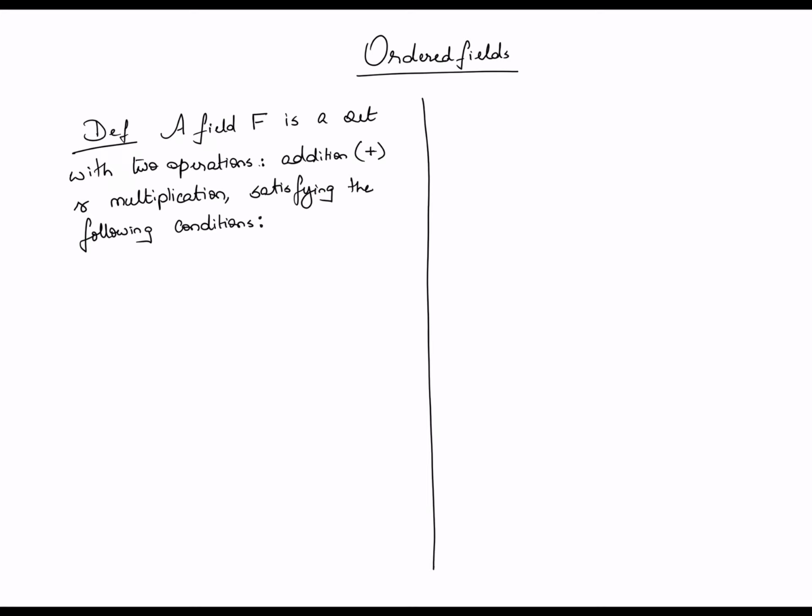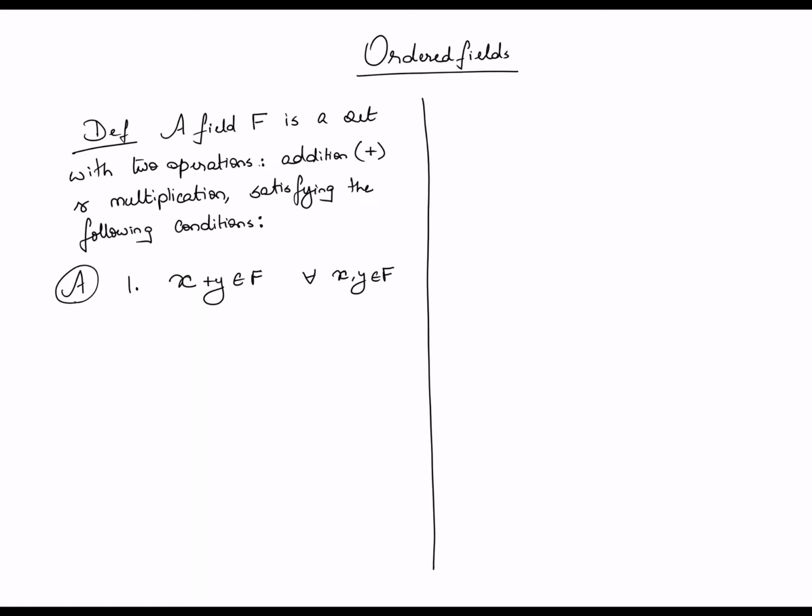Okay, the first set of axioms relate to addition, so let me label them as such. So the first axiom is that if I take any two elements of the field, the addition of those two elements yields another element also within the field, right?